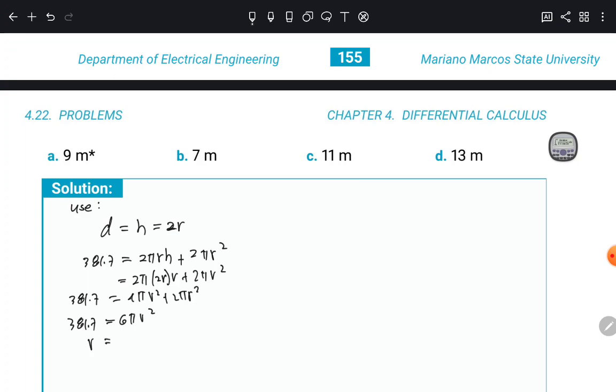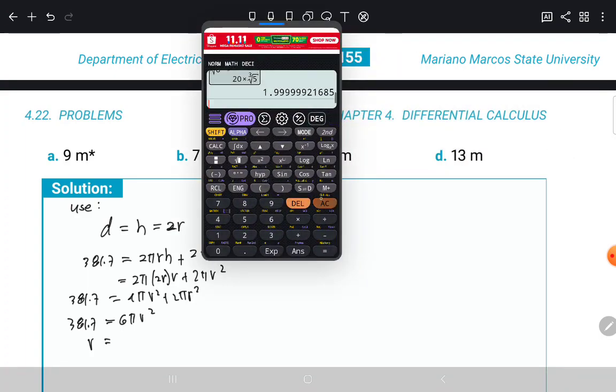So if we solve for r, that's just equal to the square root of 381.7 all over 6 pi.